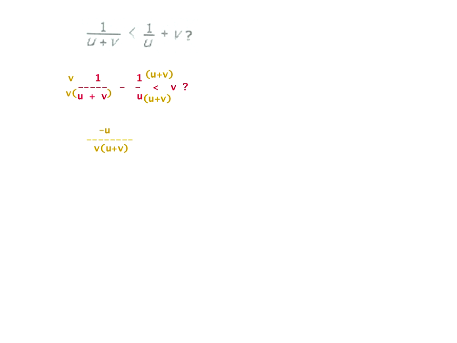So it is negative u over that, less than v? Yeah, you would have to multiply by u, yes you would. I'm just seeing if you're paying attention. Yeah, it looks like you are, that's good. So that's going to be u minus v, that's just going to give you that. All right, and the bottom is this.